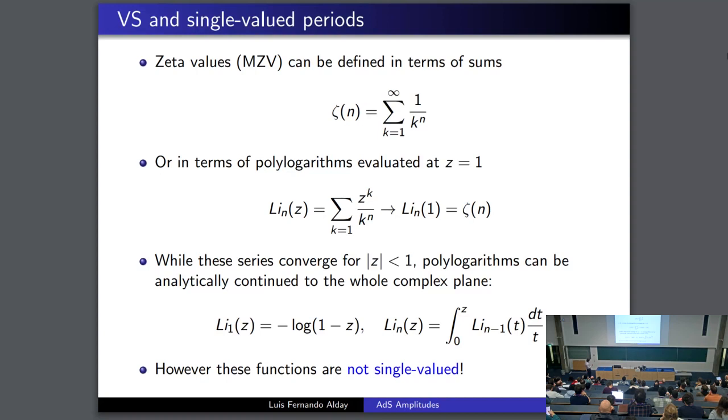These zeta values, or multiple zeta values in general, can be defined in terms of sums, and this is the Wikipedia definition of zeta n, but also they can be defined in terms of polylogarithms evaluated at z equals 1. When we define the nth polylogarithm of z equals to this, and you see that if you plug z equals 1, you go back to this definition here.